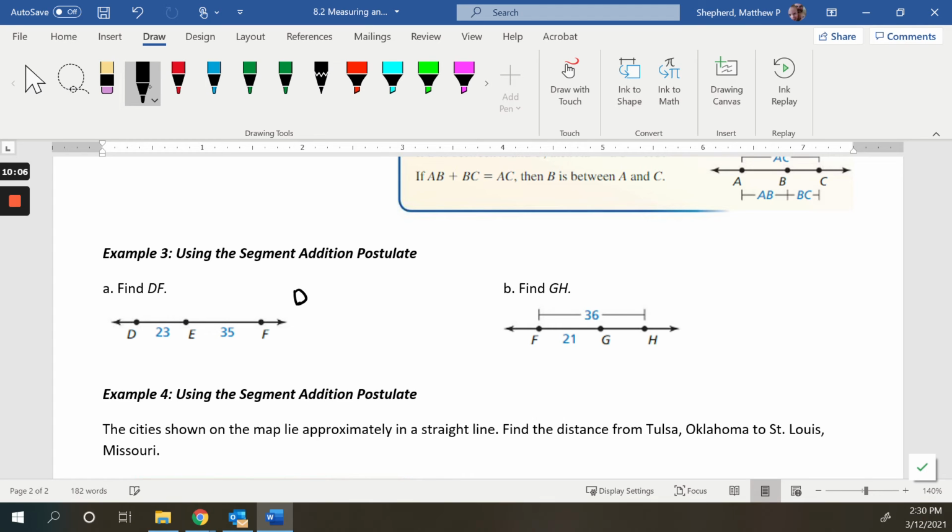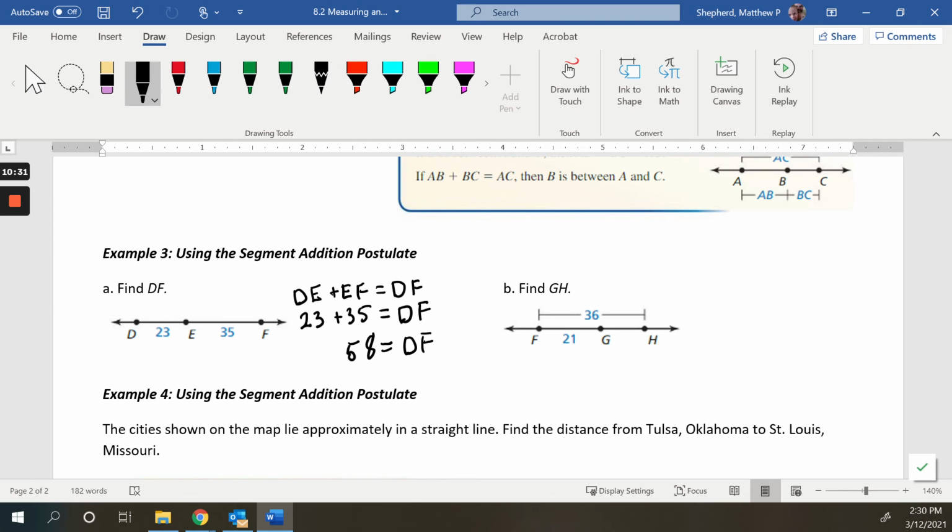The segment addition postulate would say then that D to E plus E to F should tell me what D to F is equal to. Well, we've got 23 plus 35, which is going to be equal to D to F. So D to F equals 58.